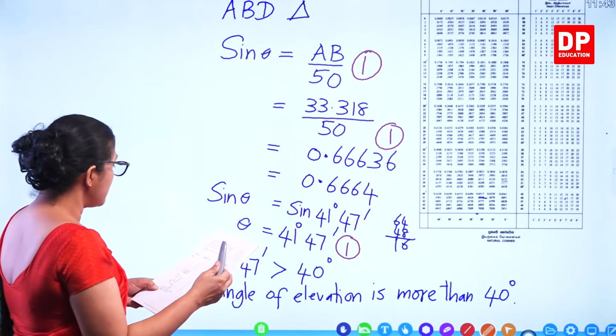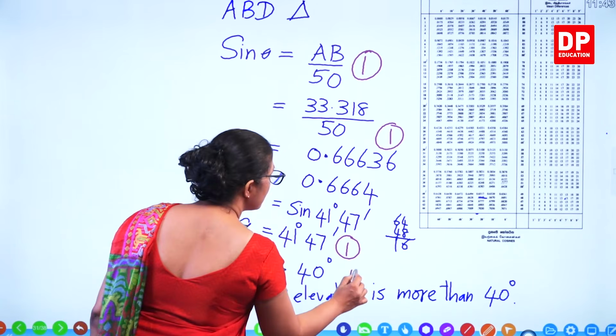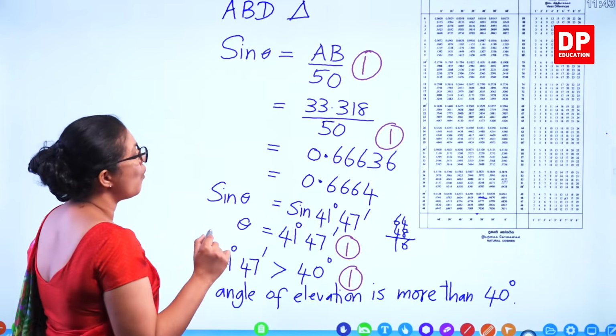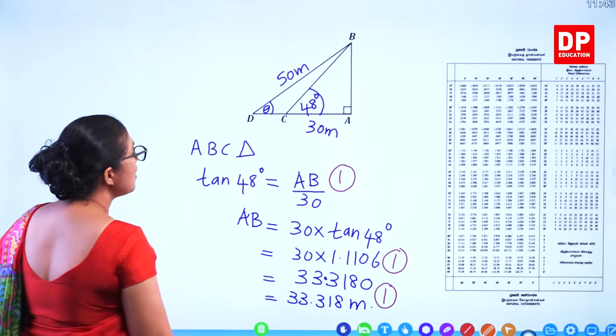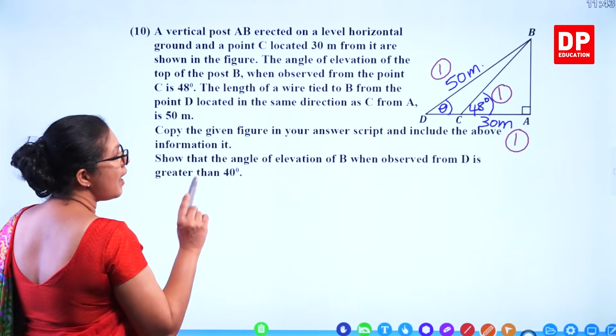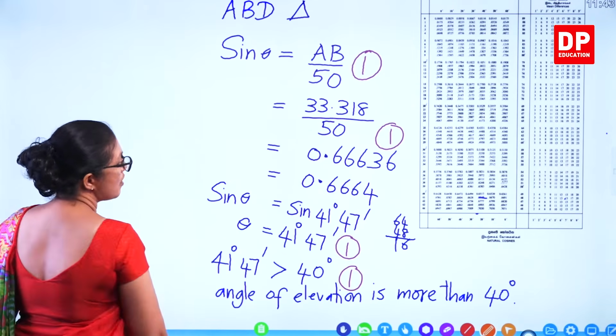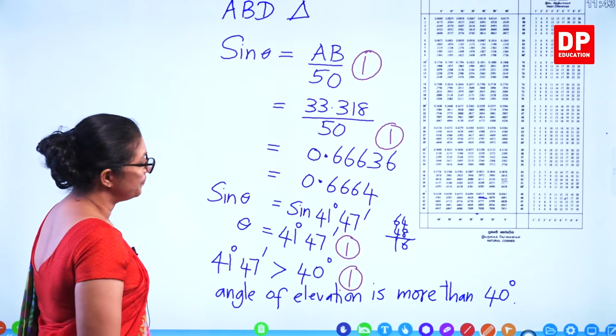And giving the reason, this angle is more than 40, that's 1 mark. So 1, 2, 3, 4. Earlier 6 marks, 4 and 3 is 7. And this 3, altogether 10 marks for this question.